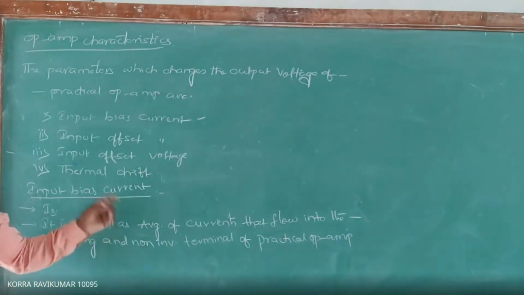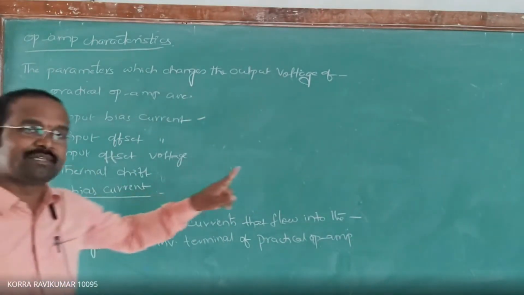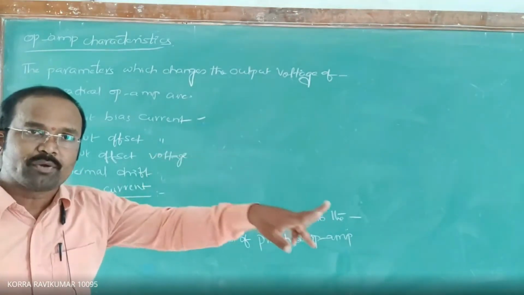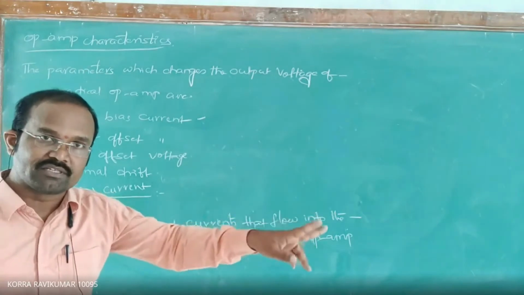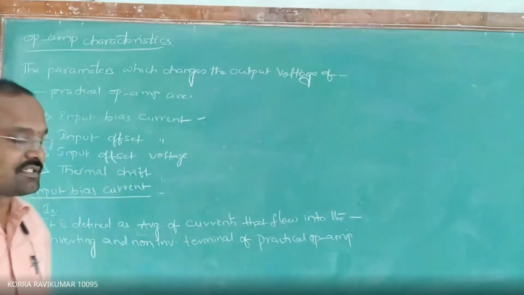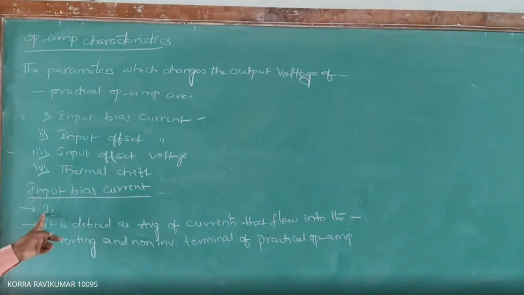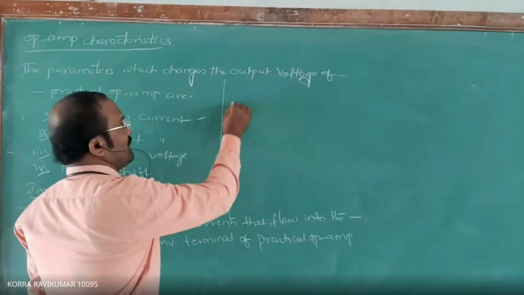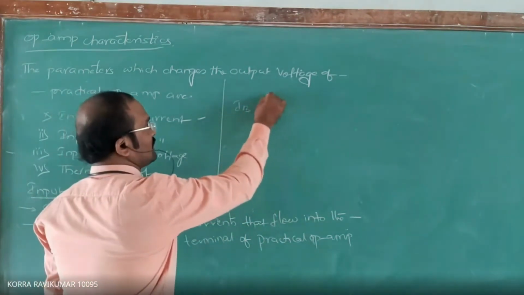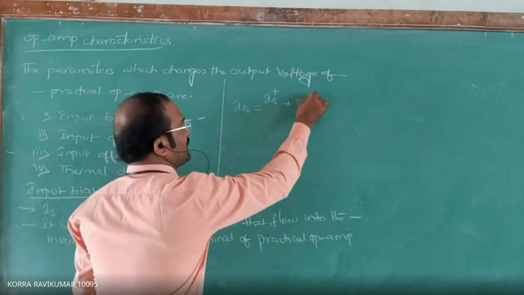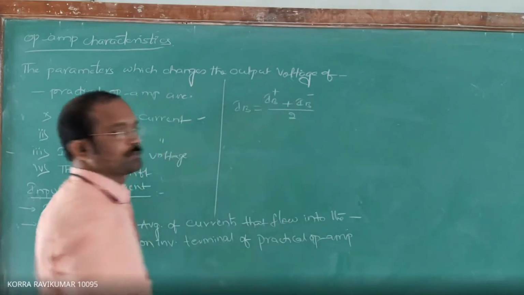That is, the average of the currents flowing from the inverting terminal and the non-inverting terminal into the op-amp is the input bias current, which can be represented with the letter IB. That IB is equal to (IB plus + IB minus) divided by 2.